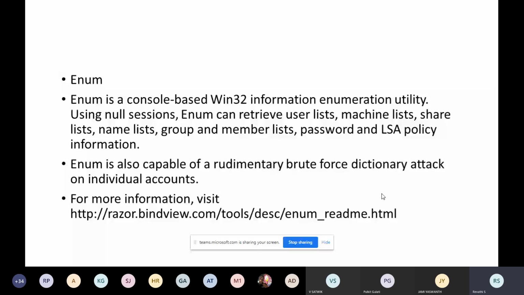When you use this scanning on a web server, database server, or any single system, it will give you all these enumerated details: the users, the machines, the name list, group member list, passwords. It will tell you everything.